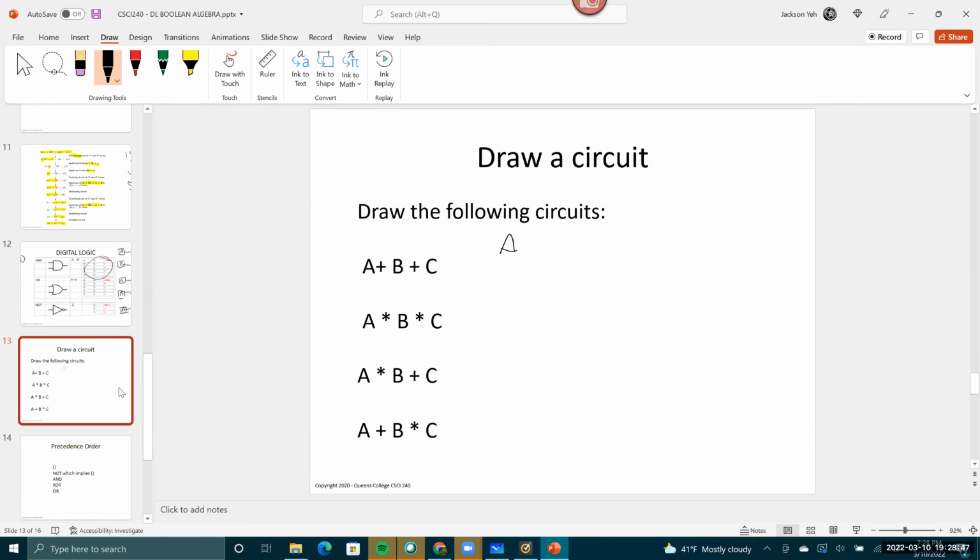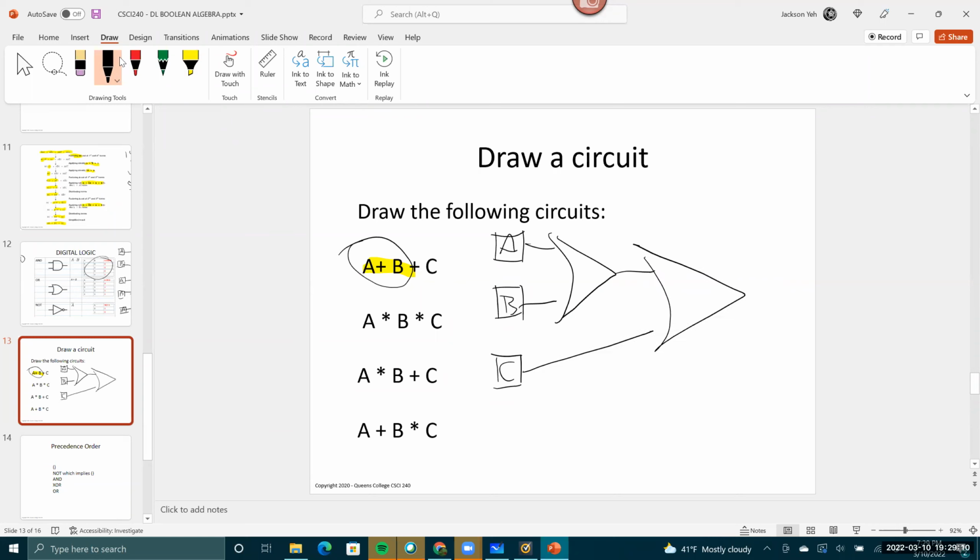It's written as A, I have 3 inputs, A, B, C. If all the gates are the same, then we go from left to right. So this A or B is first. We have an OR gate that connects them. And then once that's done, we have another OR gate that connects the result to C. And we're done. Okay? All right, so that's the first one.